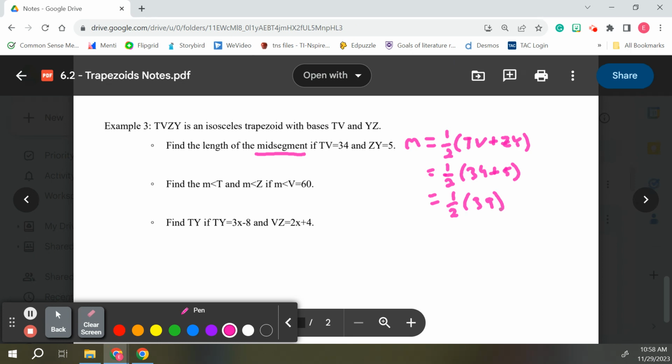So what's half of 39? Calculators are a grand thing. Who's got it? What's half of 39?